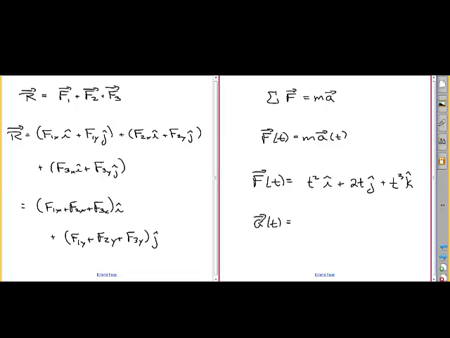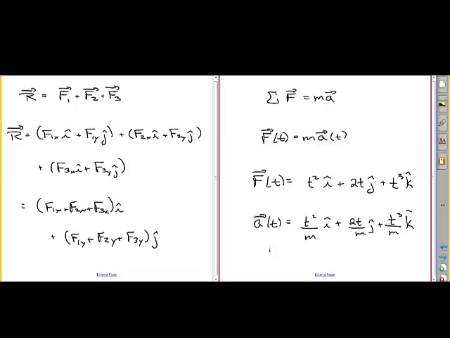So if you wanted the acceleration vector as a function of time, all you have to do is divide the force vector by the mass. So that's just t squared over m times i hat, 2t over m j hat, and t cubed over m k hat. Because the mass is a scalar, it's a scaling factor, and you can just do each component by that.